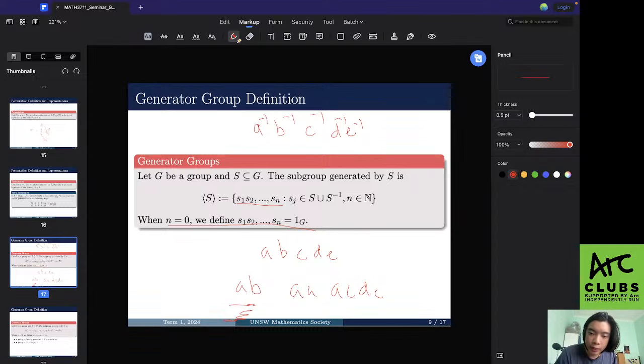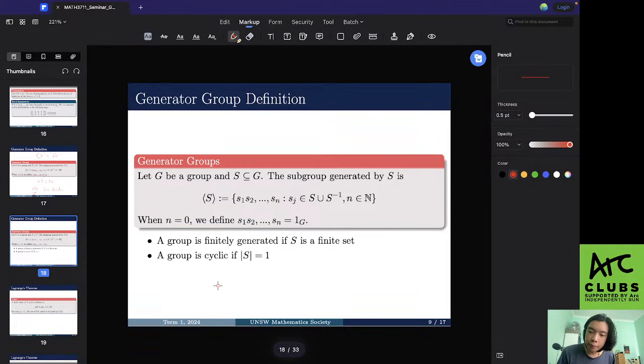So AB, we can have its inverse, which is the multiplication B inverse times A inverse, right? And that allows us to make sure that every single inverse is in there, every single possible multiplication is in there, and the identity is in there. So overall, this is a subgroup. And so we say that this subgroup is generated by S, since every single element is a multiplication of things in S or S inverse.